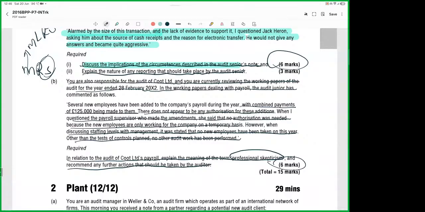Ladies and gentlemen, I'm quite aware that you know what professional skepticism is. But what I know for sure is that very few of you will be able to answer this question in a way that gets the 6 marks. Very few. Most of you will end up getting only 2 or 3 marks.